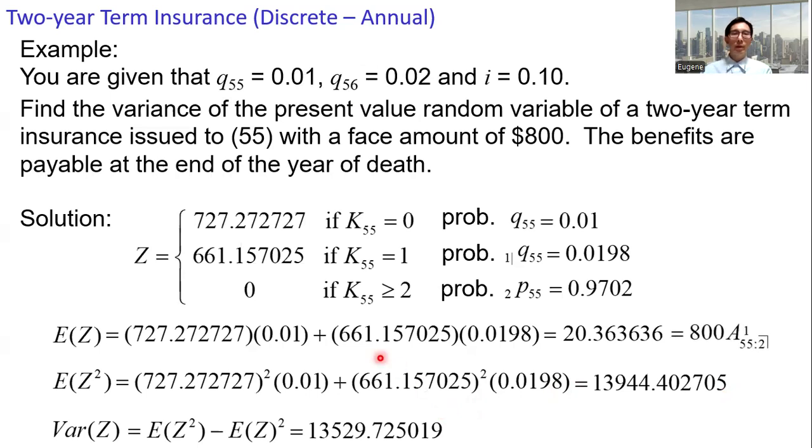In the notation, the expected value of Z is 800 times this A notation, A55, angle 2, with the 1 above the 55. And then the expected value of Z squared.